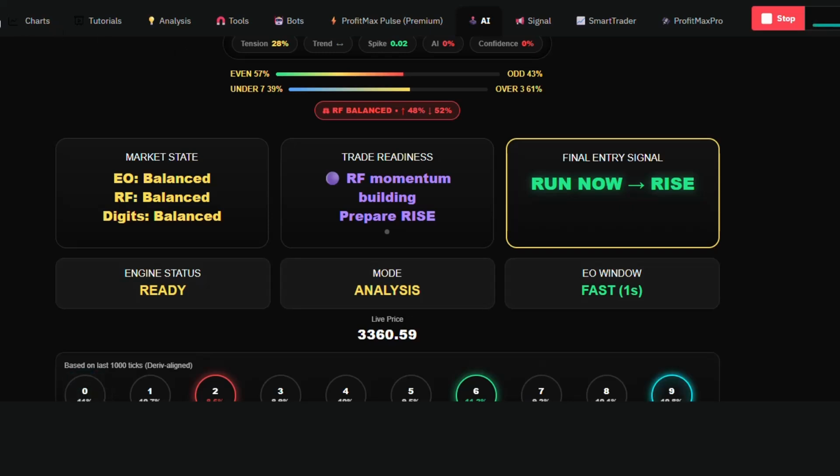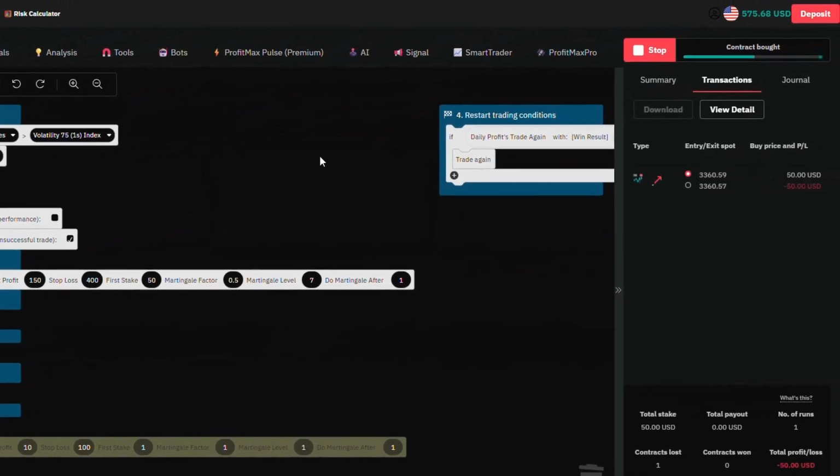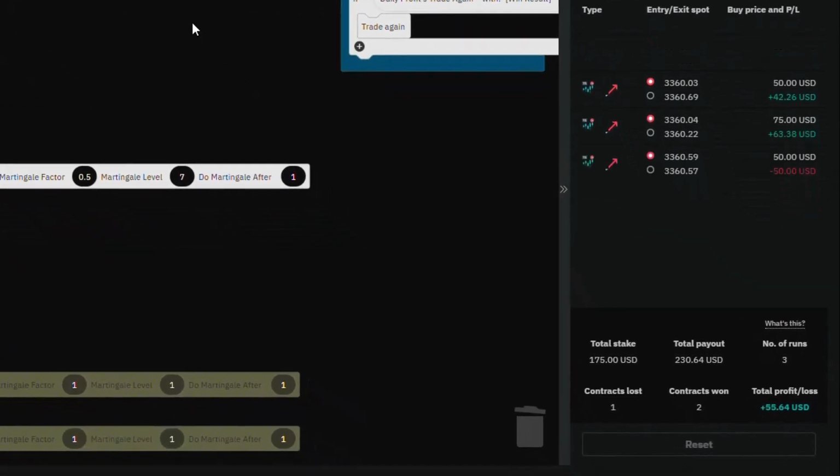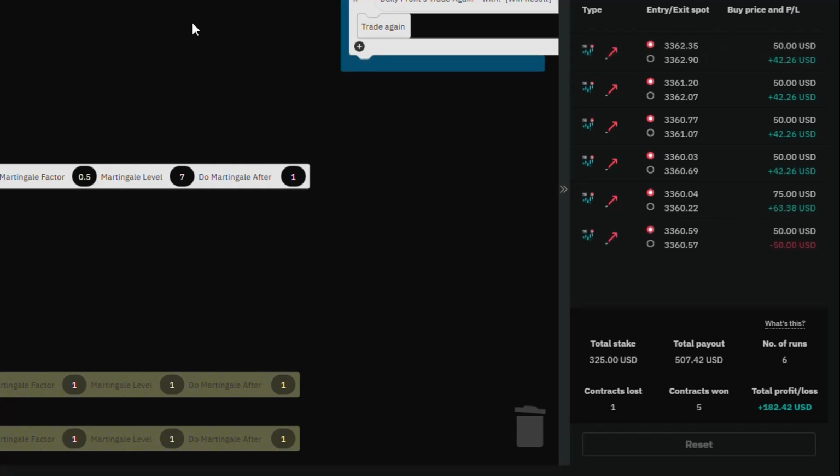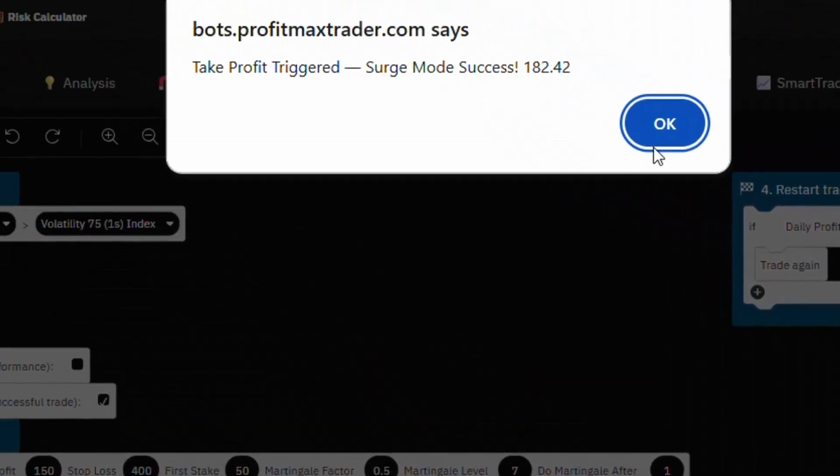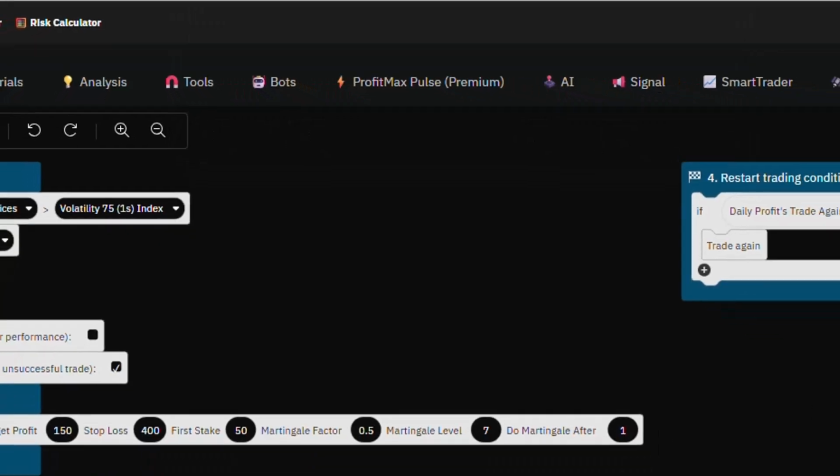There we're in the market rising, and you can see our first trade is a loss, but then the martingale recovery, we've won. Third trade is a win. Fourth trade is a win. Fifth trade is a win. There we are, $140. Fifth trade is a win, $182. And we've taken our take profit, guys.